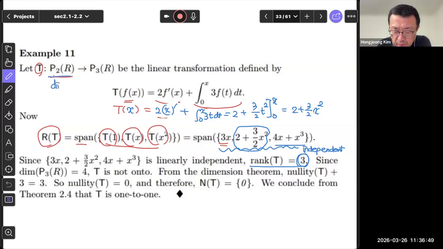The dimension of P2 is 3. So the dimension of the range and the dimension of P2 are the same. But the problem here is this: the rank and the dimension of P2, the domain, are the same. Then is it one-to-one, or is it onto?